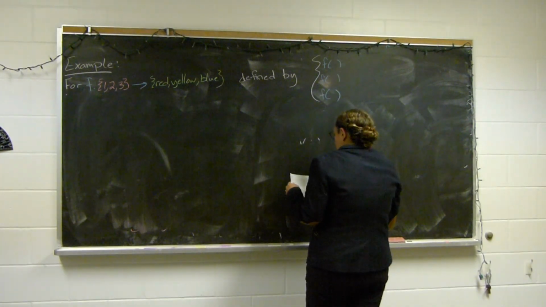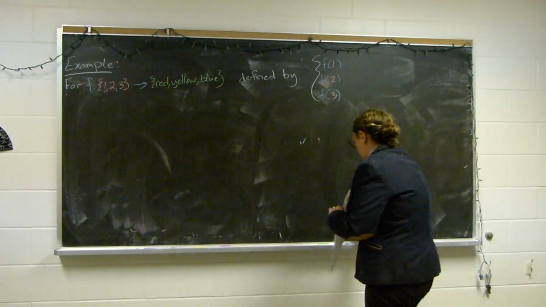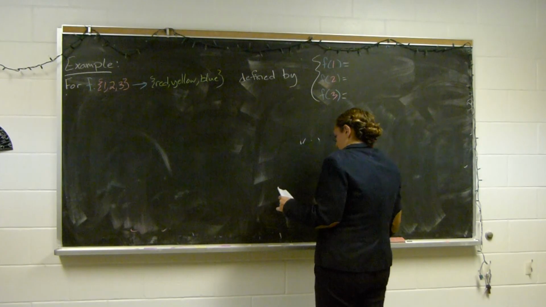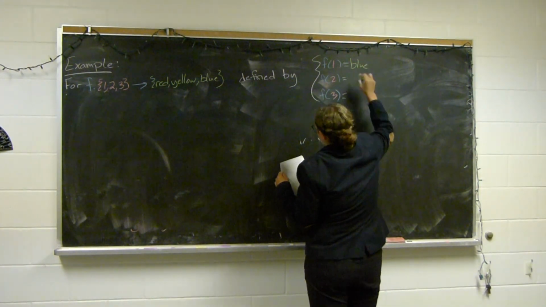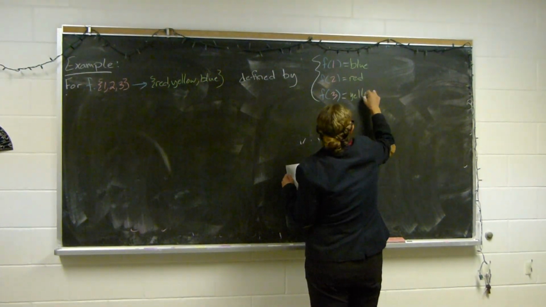So I'm switching colors. We're going to say what F of each of those is. So F of 1, I decided is blue. F of 2, I've decided is red. F of 3, I've decided is yellow.